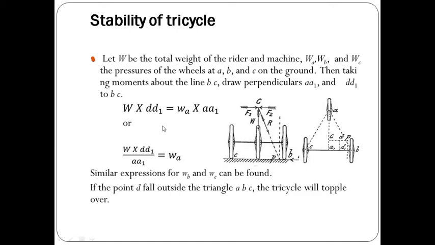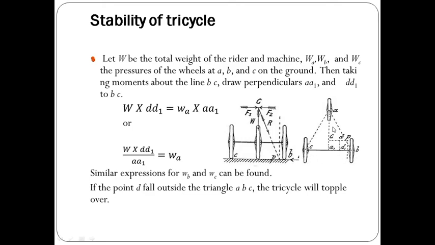So we can say that W will be the total weight of rider and machine, and WA, WB and WC are the pressures of the wheels at A, B and C on the ground. Then by taking the simple moment about the line BC, we need to draw perpendiculars A1 and D1 to BC, because right now we are calculating the pressure at wheel A and we are taking the moment at B and C.